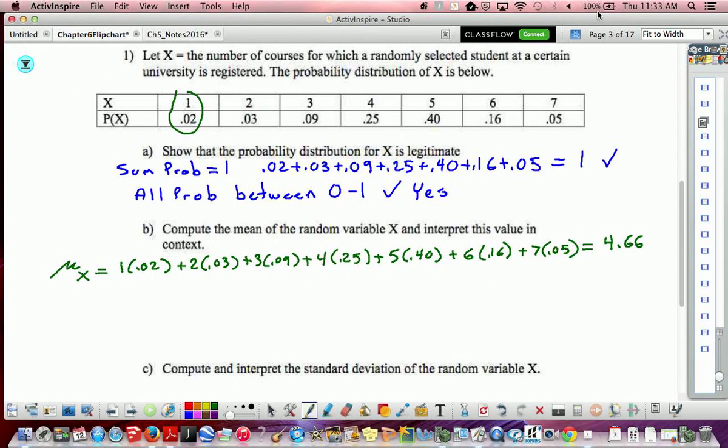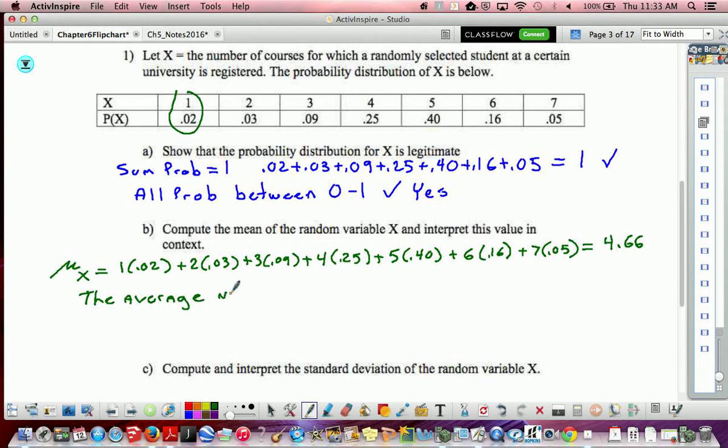So the question is, what does this represent? What does 4.66 mean in this context? A mean is an average, so we would say the average number of courses.